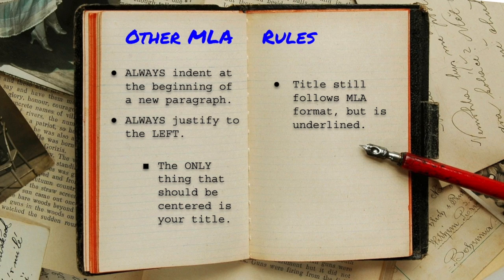Never center it unless it is the title of your writing. Your title should also be underlined. It should be size 12 Times New Roman and double space like the rest of your text. But its center justification and underlining should be the only things distinguishing it from the rest of the text. Every program is a little different, so let's take a look at how this is done in Google Docs.